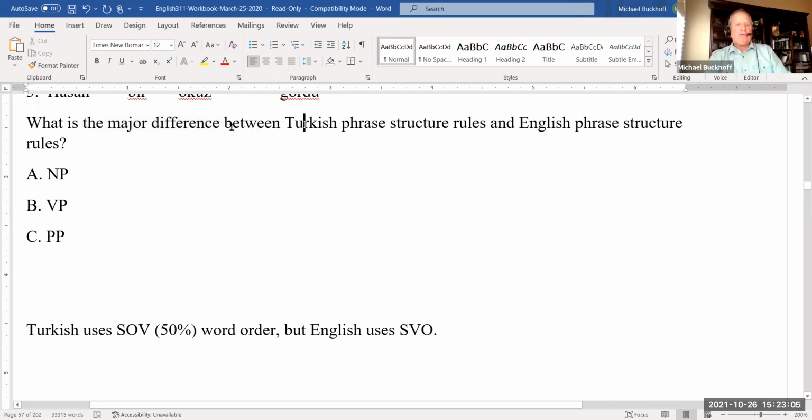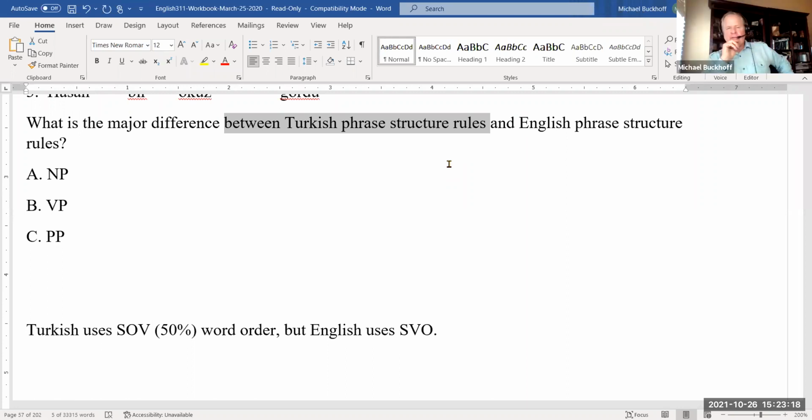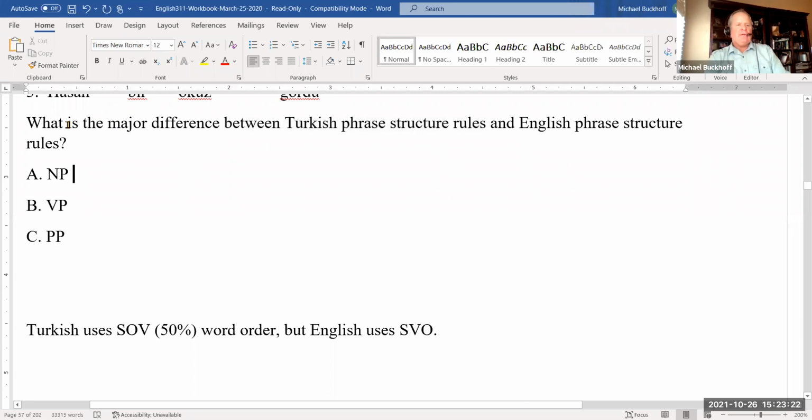Now, what if I did this? What if I underlined this? Between Turkish phrase structure rules, prepositional phrase, because it has preposition plus a noun phrase. So exactly. Now, if I said this, is the major difference, blah, blah, blah. Actually, let me give you a better one on this.